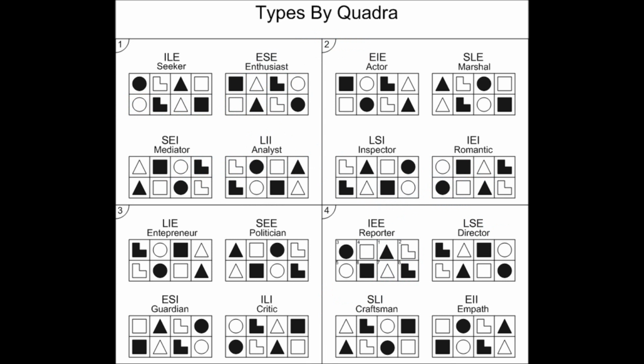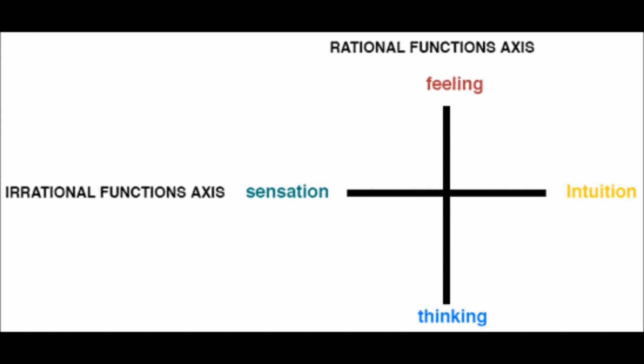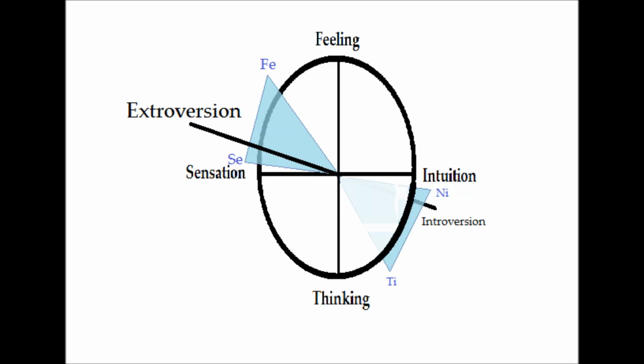In any case, the second interesting characteristic is that each category has a representative of each of the four basic functions: thinking, feeling, sensation, and intuition, albeit in varying attitudes. For instance, the INFJ has dominant introverted intuition, the ESTP has dominant extroverted sensation, the ENFJ has dominant extroverted feeling, and the ISTP has dominant introverted thinking.